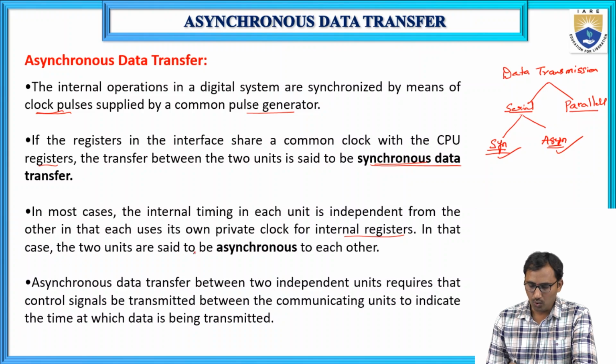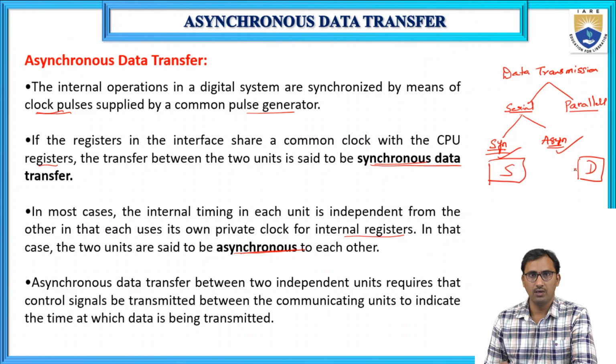In that case, the two units are said to be asynchronous. That means if the source and destination use their own separate clock pulses, then that is said to be asynchronous data transfer.